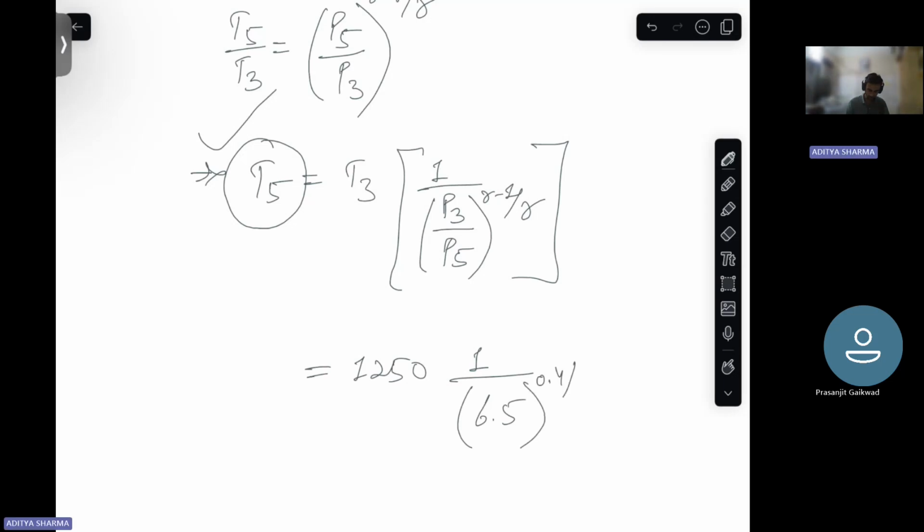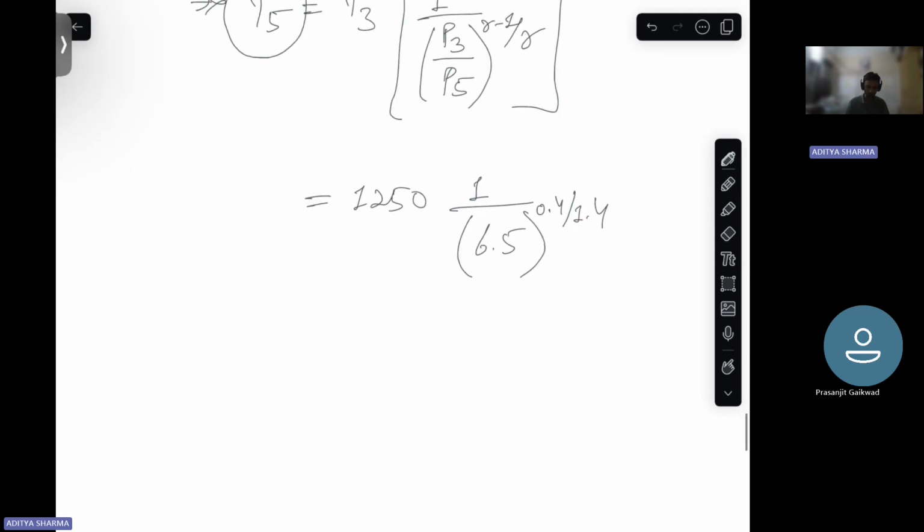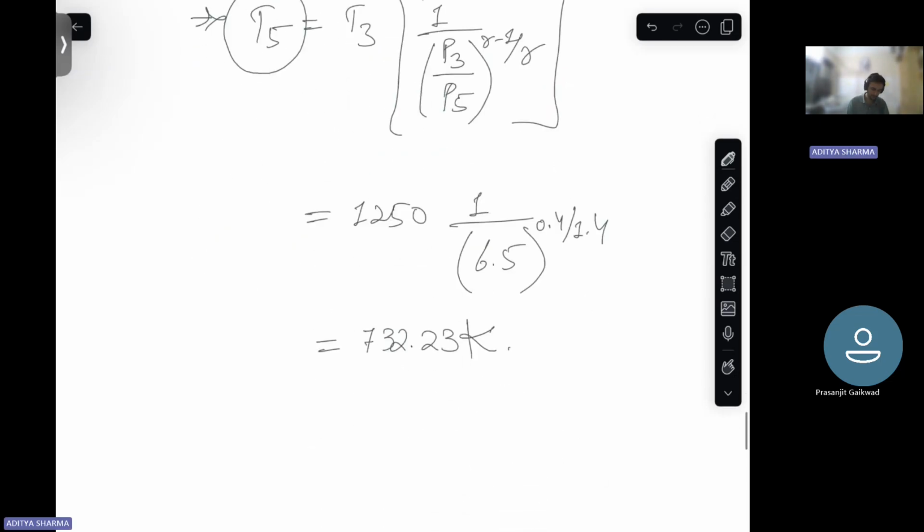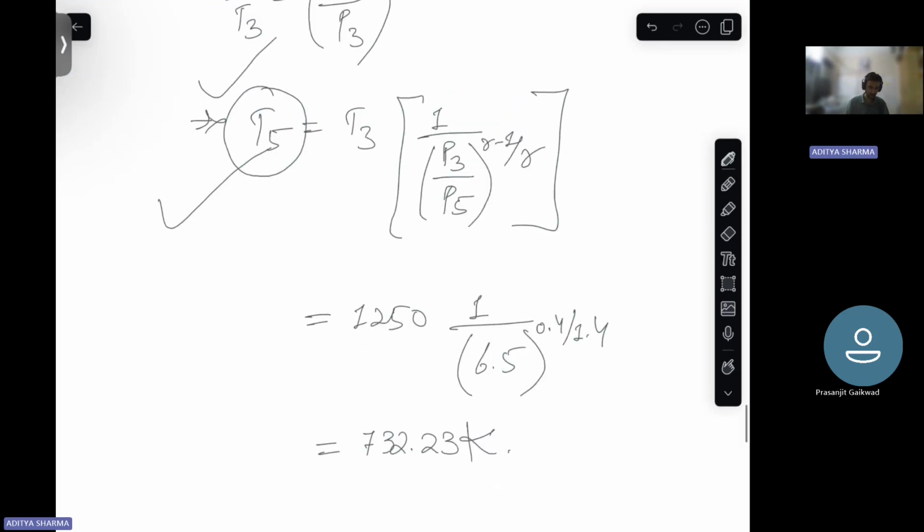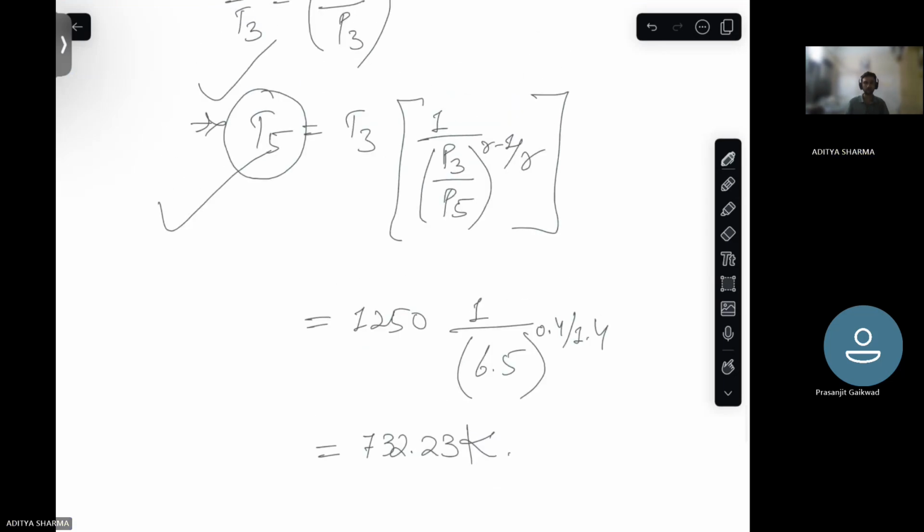Gamma is 1.4, gamma minus 1 is 0.4 and gamma is 1.4. Now if you do this, it should come out to be 732.23 Kelvin. So this is basically the exit temperature at the low pressure turbine.